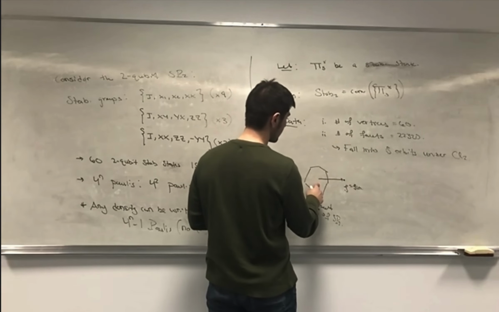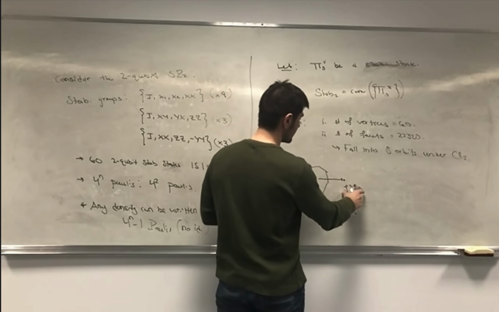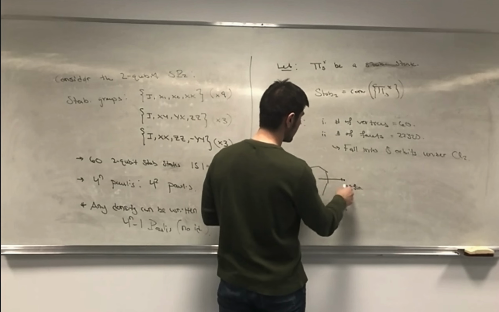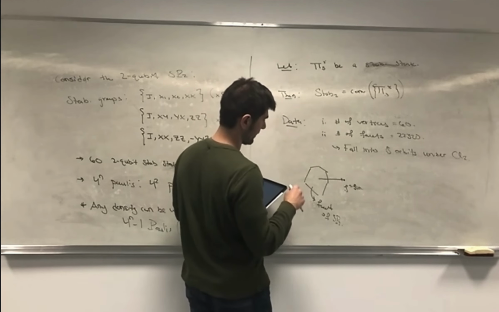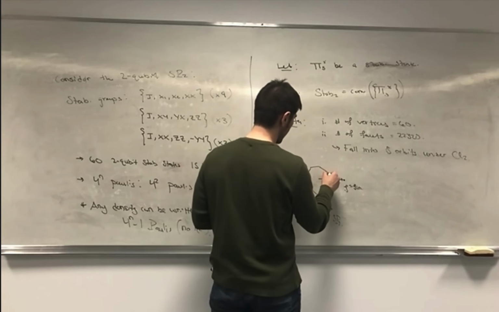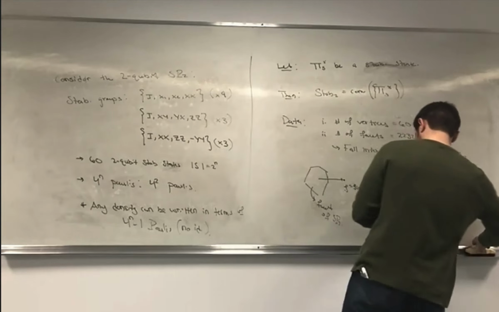So for 7 facets, this distillation gives us something that's inside of the stabilizer polytope. But for one case, it lies on the boundary, apparently.